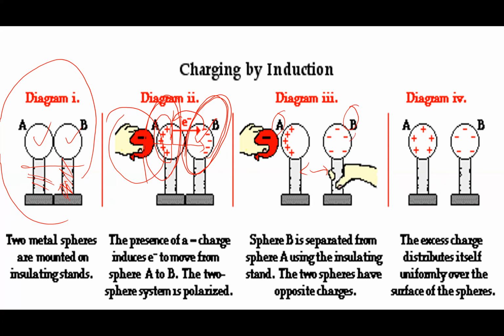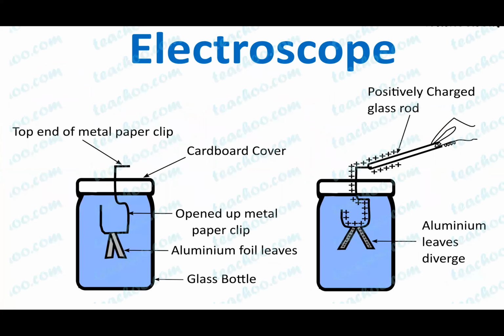So the negative charges will stay on body B and the positive charge will stay on body A. So you charge two neutral bodies by using the process of electrostatic induction. The charging of a body without physical contact is called electrostatic induction or charging by induction.